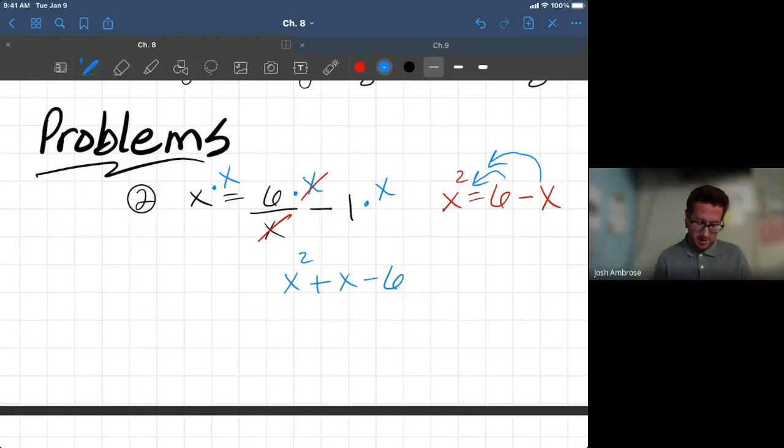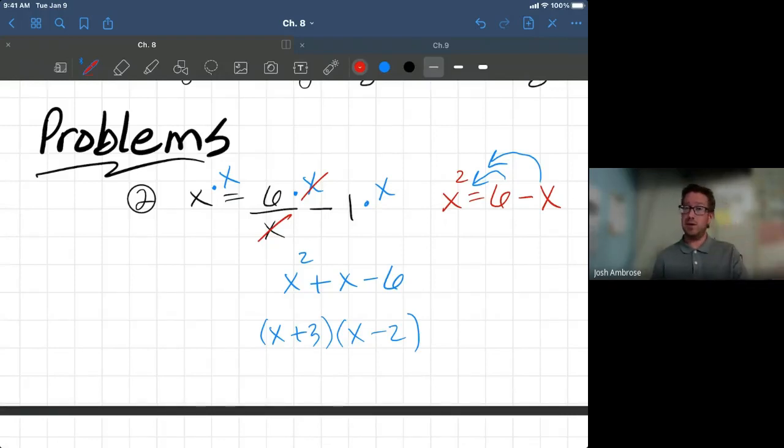Okay, then we can factor it. X here, x here. This is going to be a plus, then a minus. Factors of 6 that when I use subtraction will create 1, and I want that to be a positive 1. It's going to be 3 and negative 2. Then we have to solve the binomials because we're not done yet.